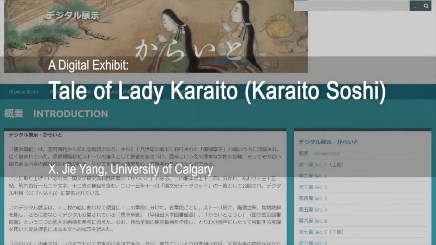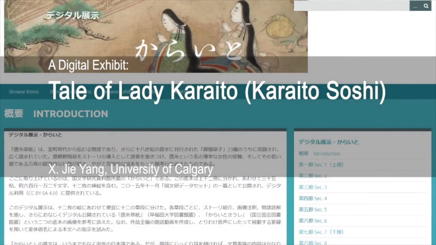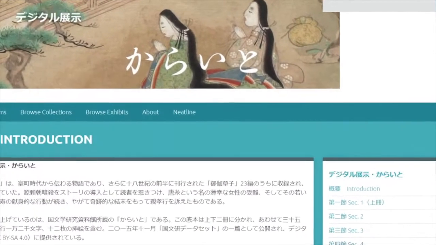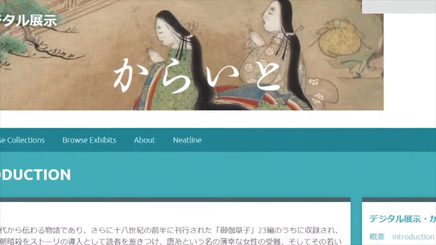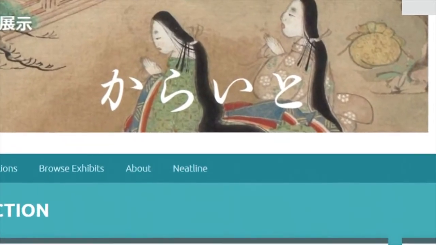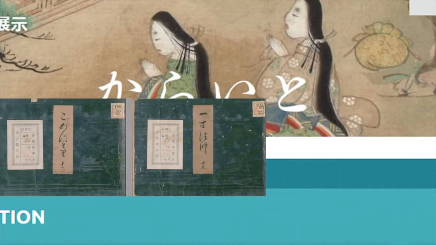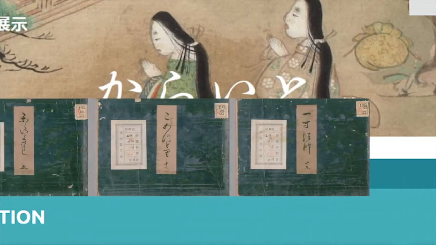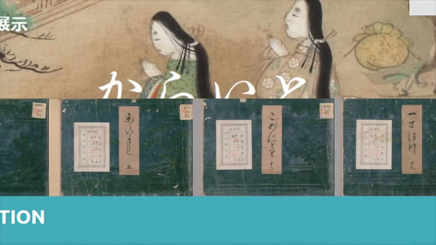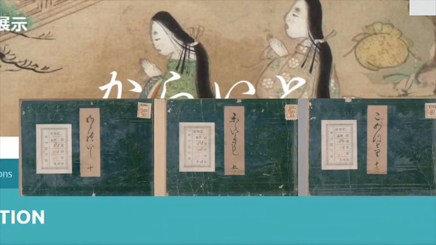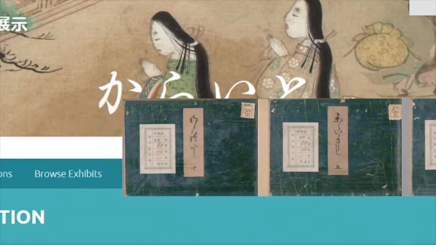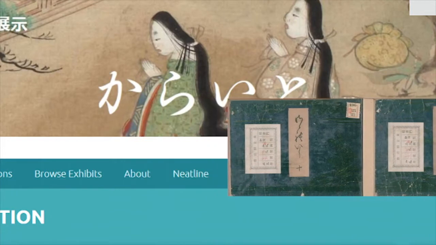Welcome to a digital exhibit, Tale of Lady Karaito, a special web page to read a medieval Japanese literature. Karaito is a representative title of Karaito Sōshi, short stories with pictures as a genre in its general meaning, or specifically refers to a publication of a collection of 23 titles in the middle of the Edo time.